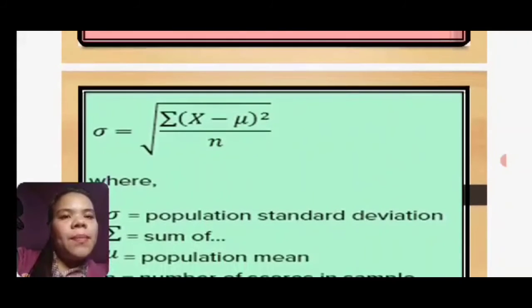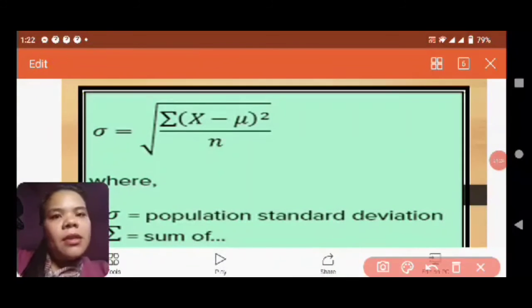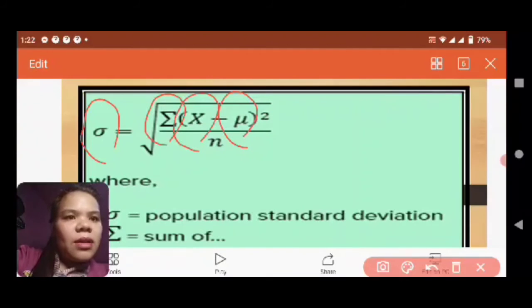So, the symbol of the formula represents the population standard deviation, and the sigma is the sum of. The x is the value from the population, and the u is the population mean, and the n is the size of the population.